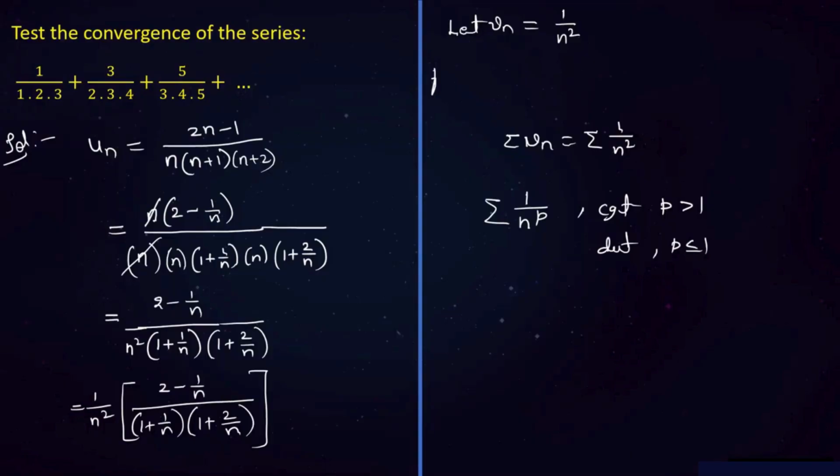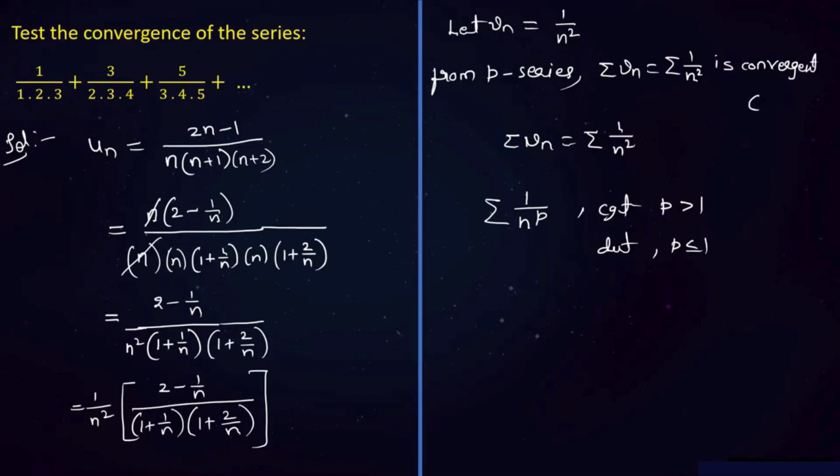Now look at this power p, it is 2 here, and that 2 is clearly more than 1. So keeping that in mind, we can say summation Vn, I mean summation 1 by n square, is clearly convergent from the P series. So from P series, summation Vn equals summation 1 by n square is convergent. Right? Now this is our auxiliary series whose convergence is already known to you.